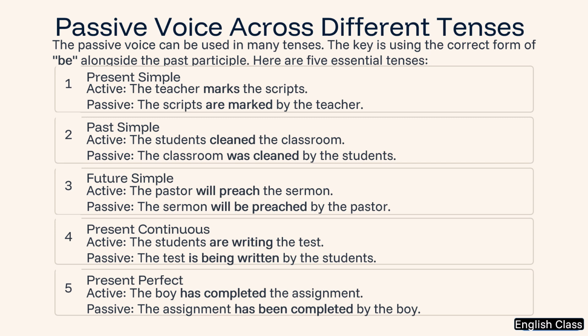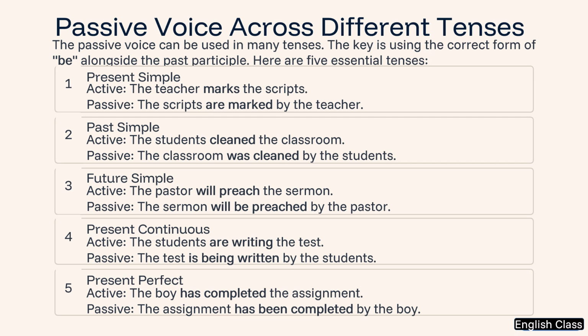Are we together? Good. Now, number two, we have the past simple, or maybe better put, simple past. In active voice, you have something like the student cleaned the classroom.